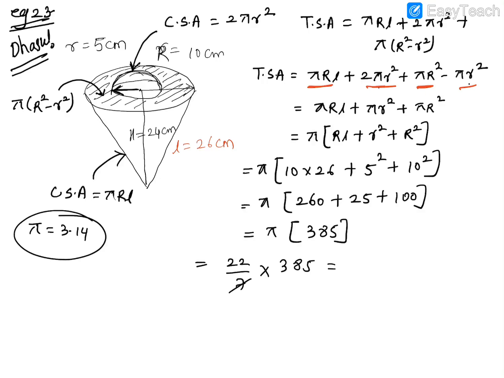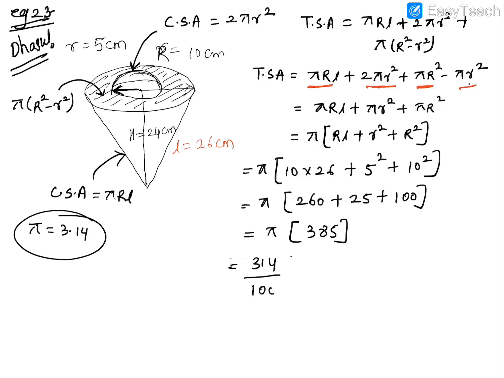You would have got 7 fives are 35, again 7 fives are 35, and then 55 into 2, 110, and 110 into 11, so 1210. You would have got approximately that same answer only. But now the catch is that they are asking you purposely to take pi as what? 3.14. So now we'll take pi as 3.14.